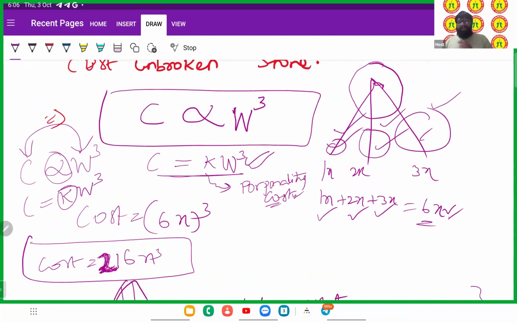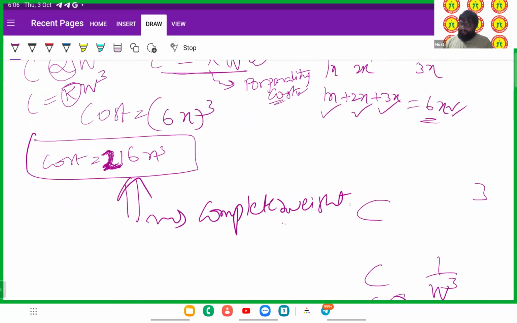If I take 3 pieces which are already broken and put all those pieces together, that will be the unbroken part. So I'm getting 1x, 2x, 3x, and combining those, I will get an unbroken part, that is 21x cube. So this is the complete weight of the unbroken part.